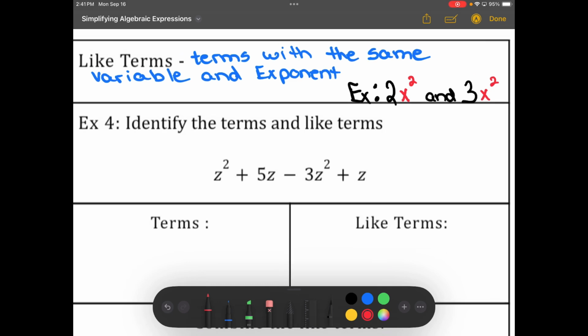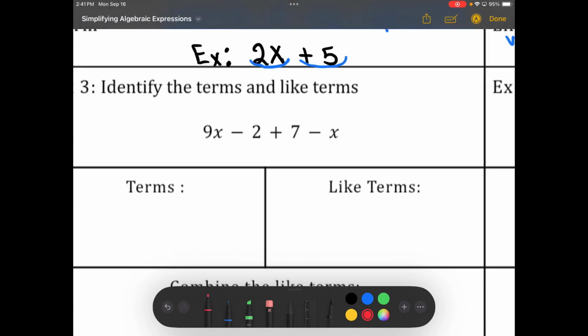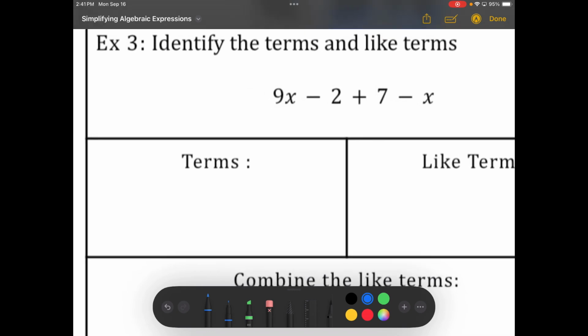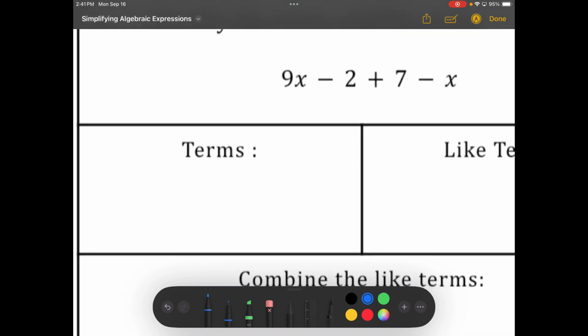Okay, let's look at the next example, example number 3. First thing we're going to do is identify all the terms. So I'm looking at 9x minus 2 plus 7 minus x, and I'm going to just write my terms down. My terms, I'm starting with 9x, and I'm going to go in order. What is the next term behind 9x? Negative 2. Very good.